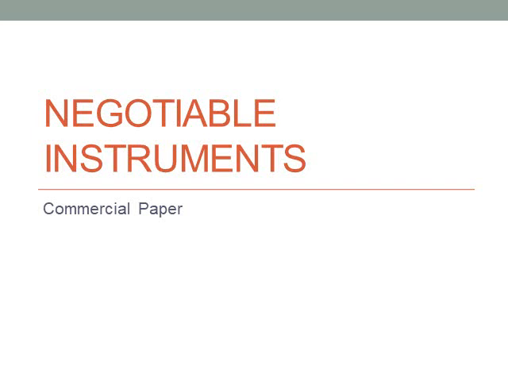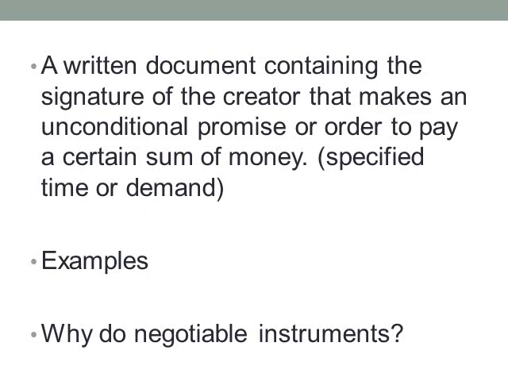And that's primarily what we're going to discuss here, negotiable instruments, which is defined as a written document containing the signature of the creator that makes an unconditional promise or order to pay a certain sum of money. And that's going to be done in a specified time or on demand.